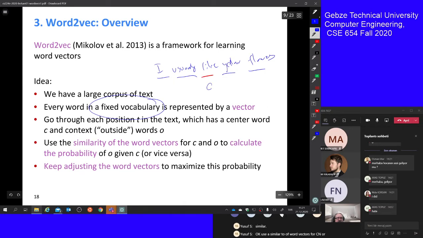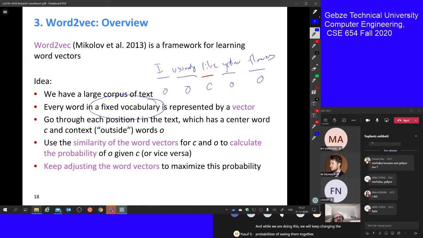C is the center word, and O the context words. Center and context. We are going to calculate this probability, and while we are doing this, we will keep changing the probabilities of seeing them together.